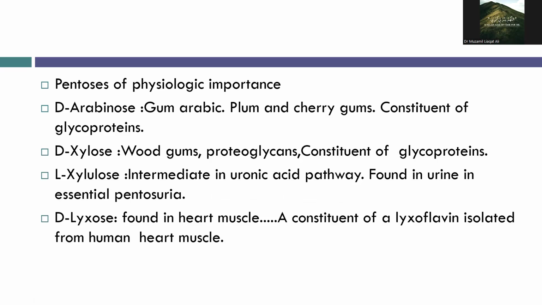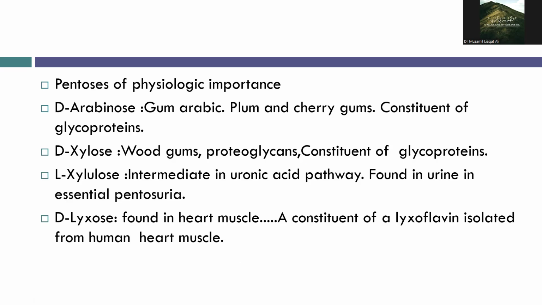Next is D-arabinose, present in gum arabic and glycoproteins. The D-xylose, found in wood gums, proteoglycans, and glycoproteins. Next is L-xylulose, that is an intermediate in the uronic acid pathway. Its excretion in urine is characteristic of essential pentosuria.